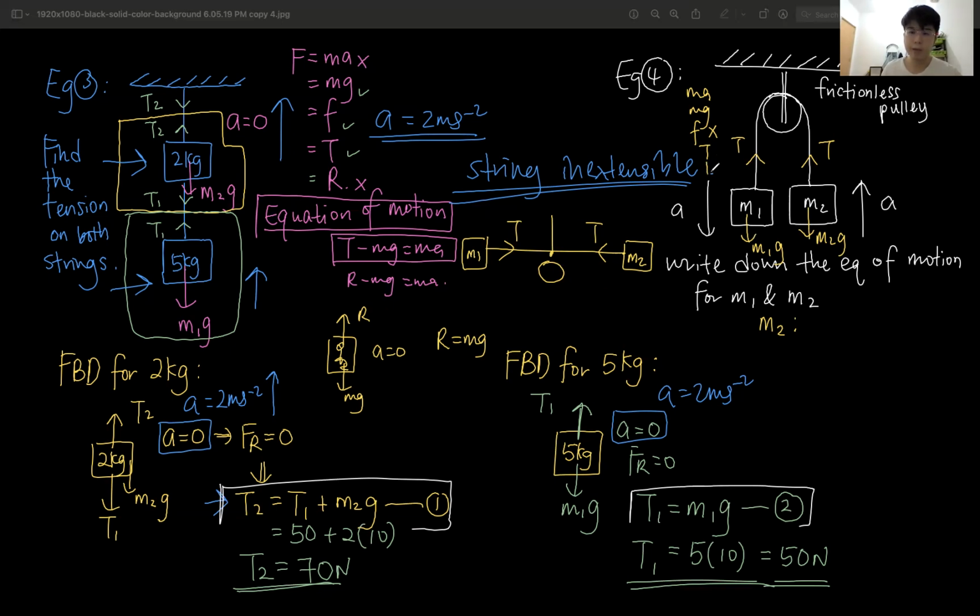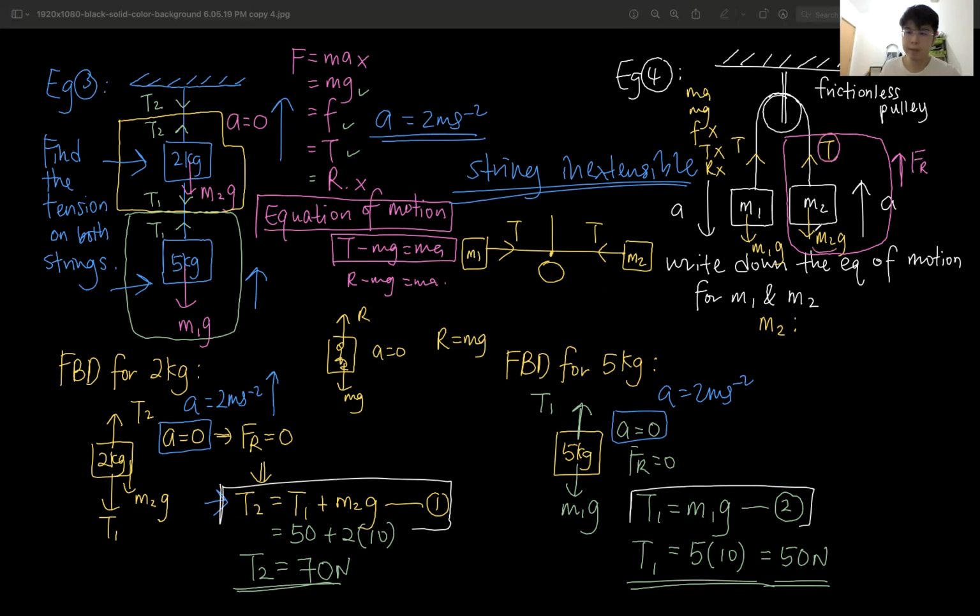Okay, done. Reaction, no. After you're done labeling the forces, you analyze the free body diagram. I'll just box this, so you analyze this one only for M2. This object is going up, so the resultant force is upward. If the resultant force is upward, which one is bigger?